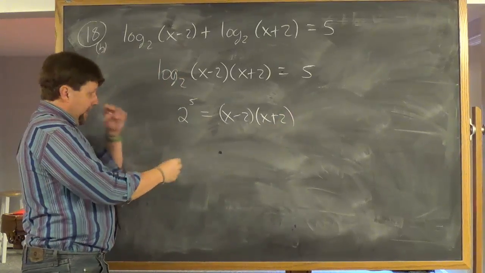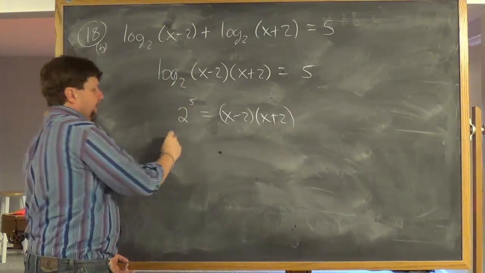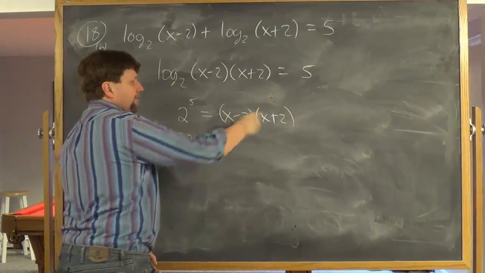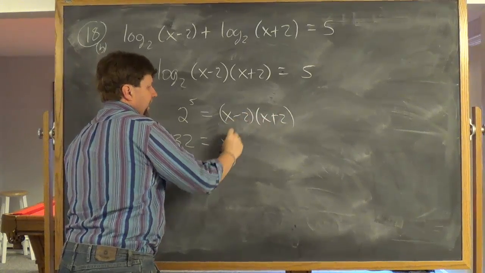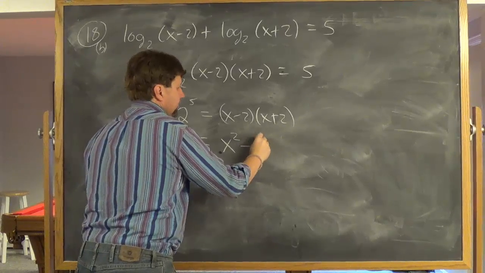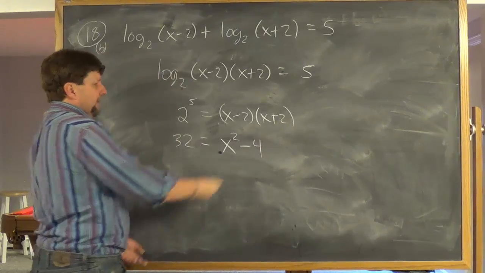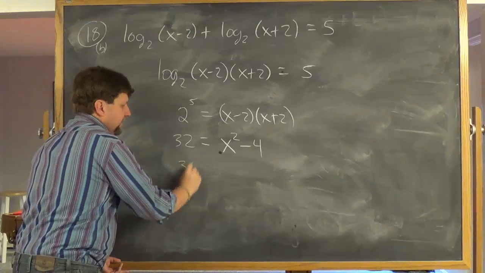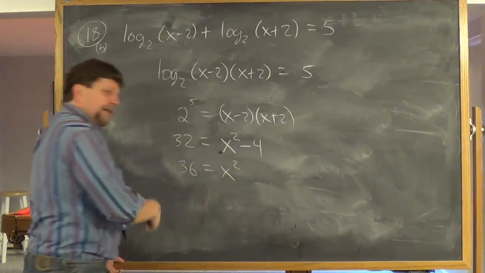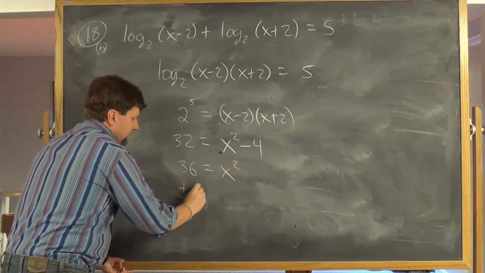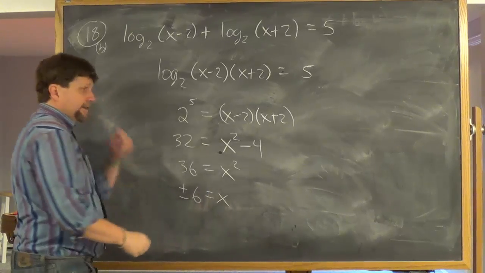Now it's kind of like a Nike problem. We should just do it. 2 to the 5th is 32. Foil this out over here and you get x squared minus 4. And then simply add 4 to both sides. And then take the square root of both sides. And you get plus or minus 6 is equal to x.